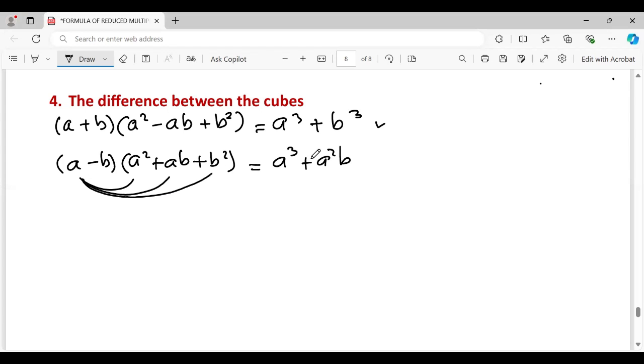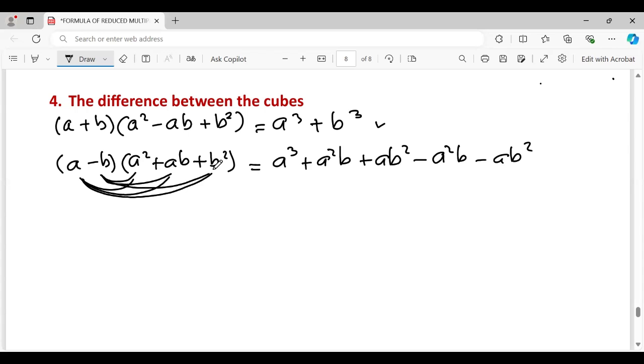A multiply b squared is plus ab squared. Minus b multiply a squared is minus a squared b. Minus b multiply ab is minus ab squared.